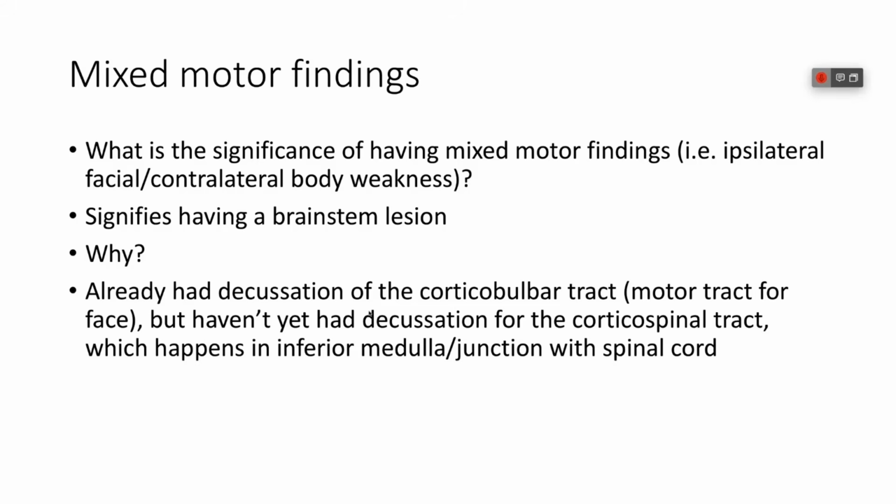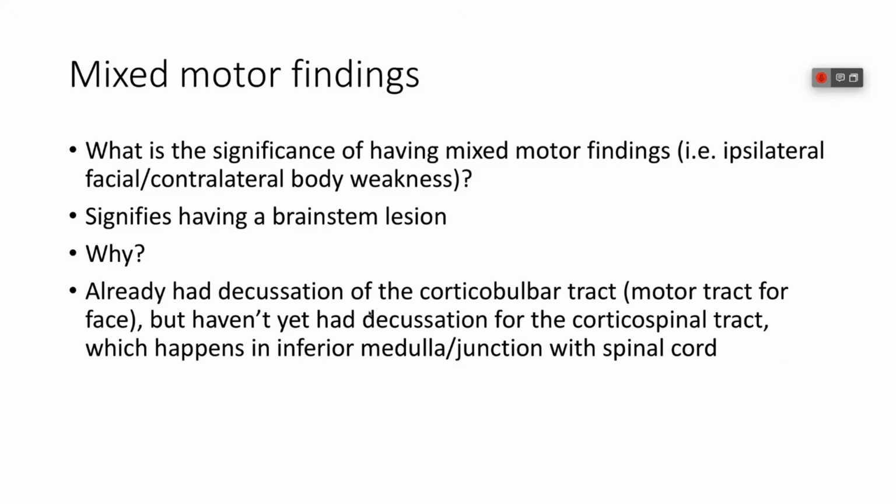Often for these stroke questions, they're going to give you long lists of possibilities, like left anterior cerebral artery, right anterior cerebral artery, left middle cerebral artery, right middle cerebral artery, left posterior, right. You know that it can't be cortical. So you can automatically eliminate anterior cerebral artery, middle cerebral artery, and posterior cerebral artery.